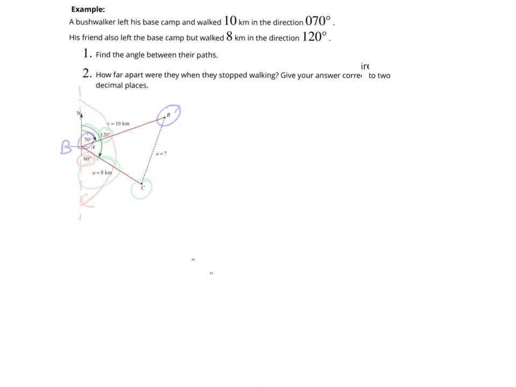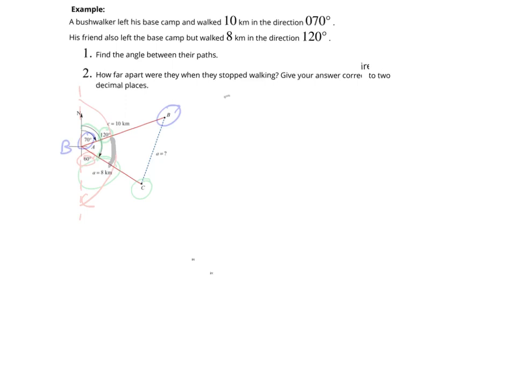So therefore, we want to find what? We want to find the angle between their paths, which is this angle in here. Well, that's relatively easy, because as we just said, all the angles on a straight line add up to 180 degrees.